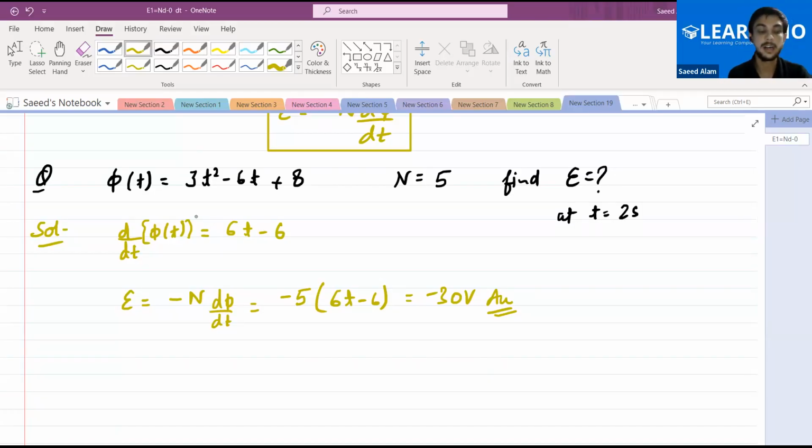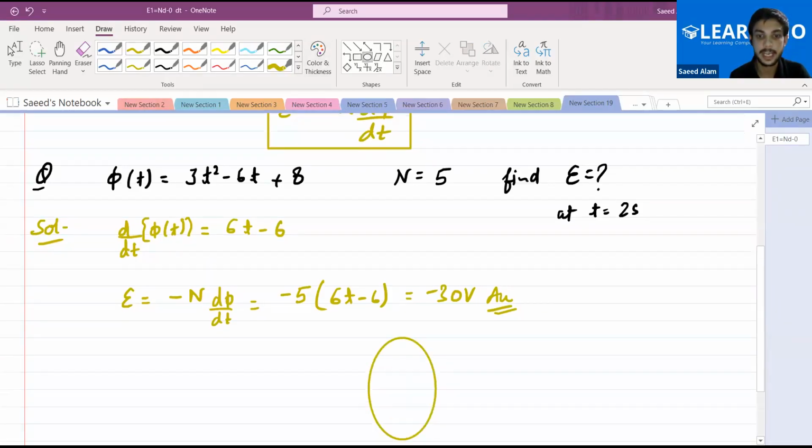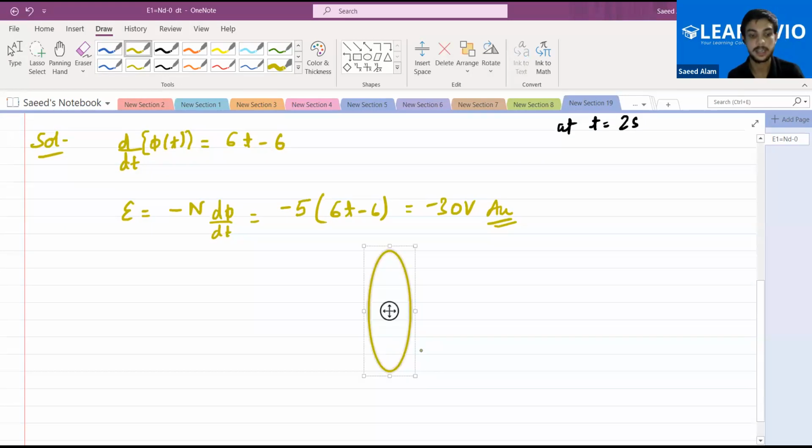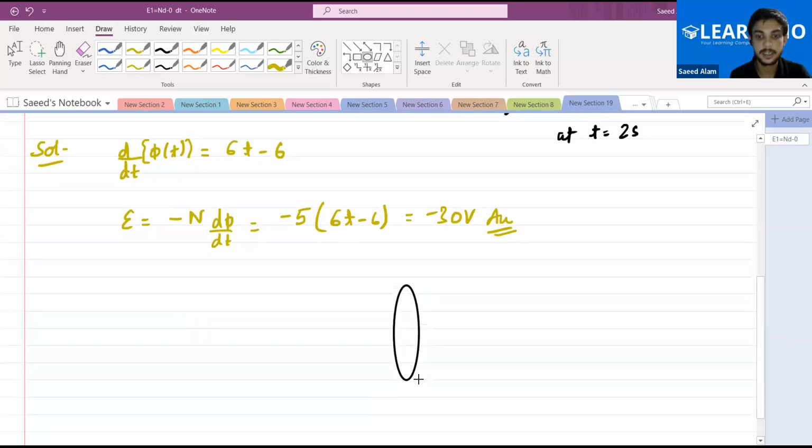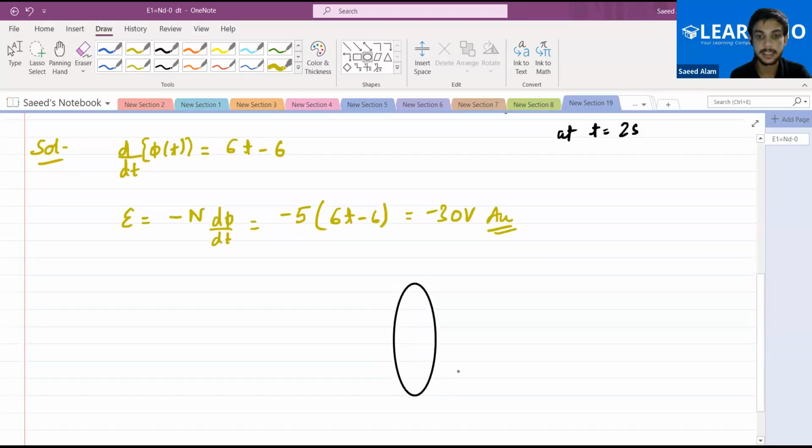Now what we are going to do is see more properly what Lenz's law actually says. Now you will get to understand things more clearly. Suppose that we have the loop somewhat like this, kept like this.